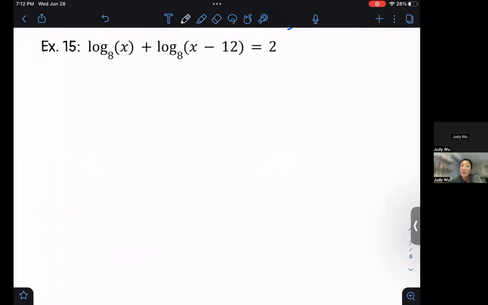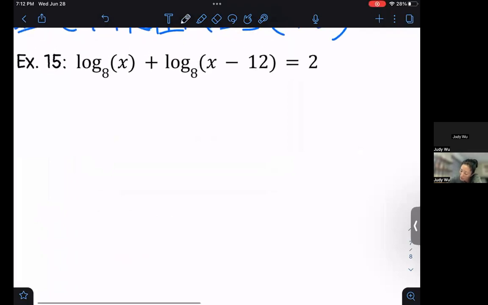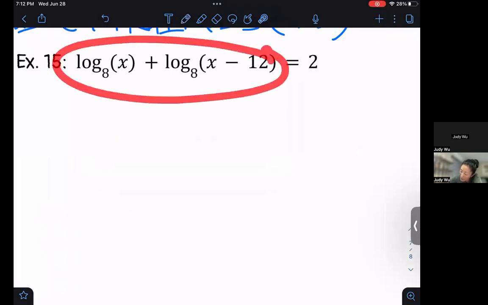So I've got log base 8 of x plus log base 8 of x minus 12 equals 2, okay? Now, what I'm going to do is go ahead and combine the 2 logs on this side using the product property, okay?